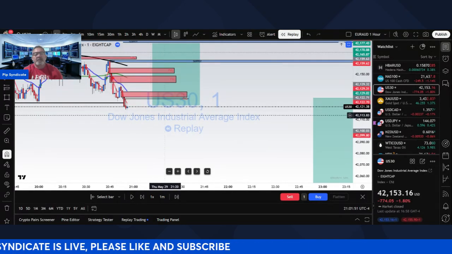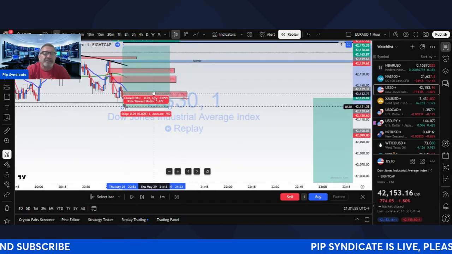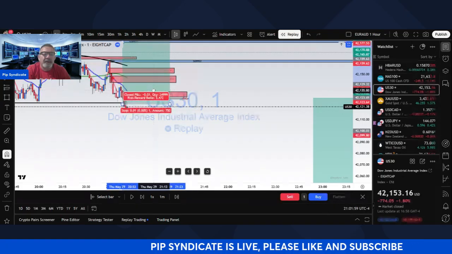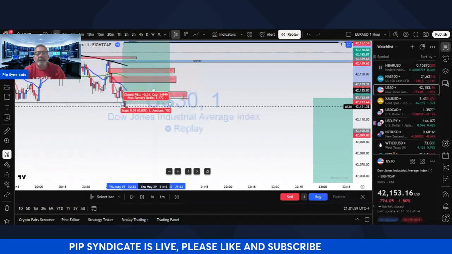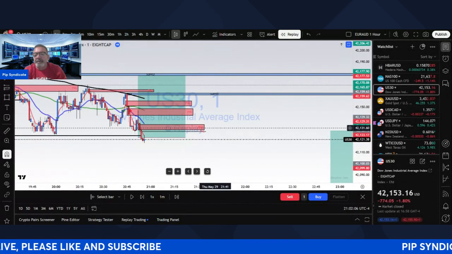So what you'll see me do on the stream is say, okay, guys, I'm in. And you'll see me slide this box over right to where I got in, wherever it is. Okay, then I'm in. And this is where I plan on getting out. Now, a lot of times, this is only 50 pips.